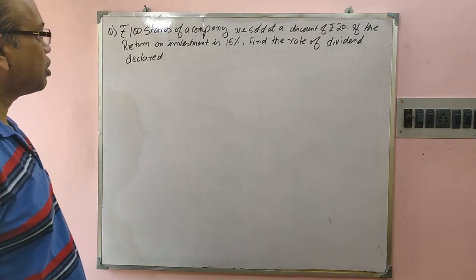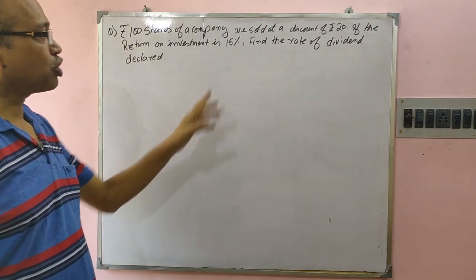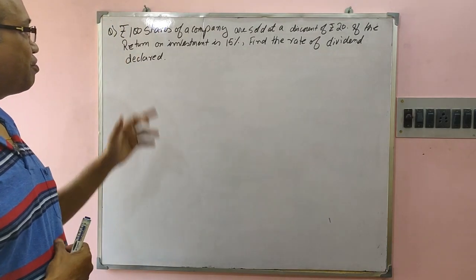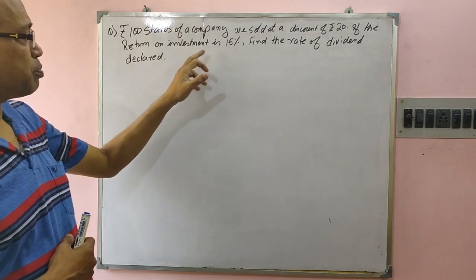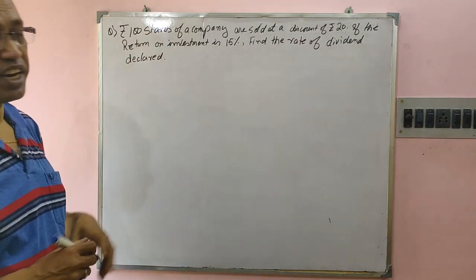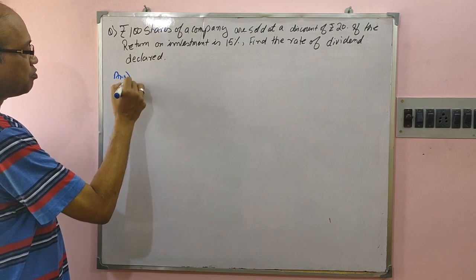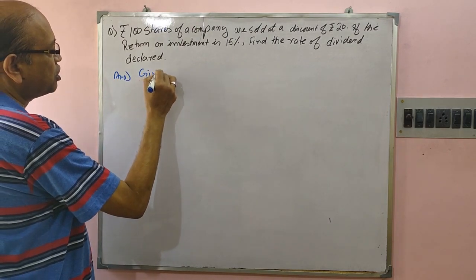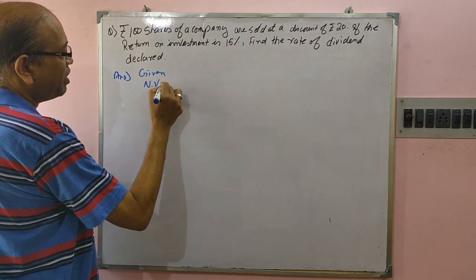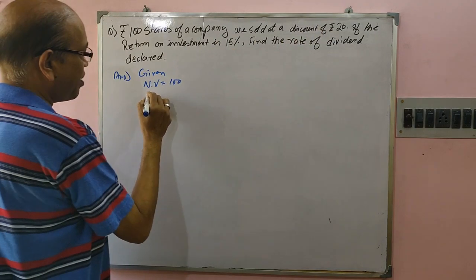Next numerical. Rupees 100 shares of a company are sold at a discount of rupees 20. If the return on investment is 15%, find the rate of dividend declared. Again, what is given? Rupees 100 shares, that is nominal value 100, are sold at a discount of 20 rupees.